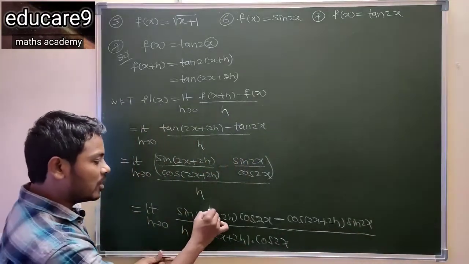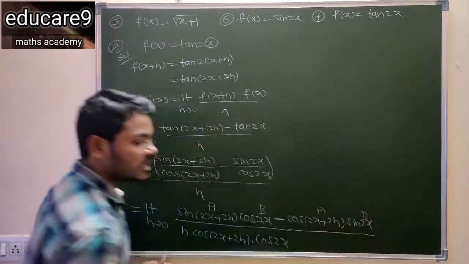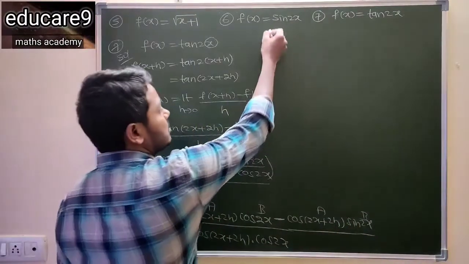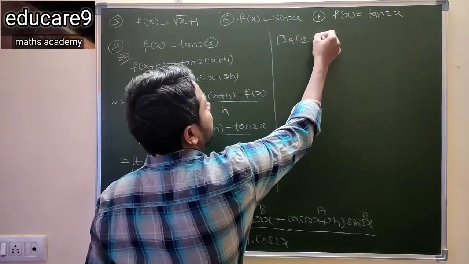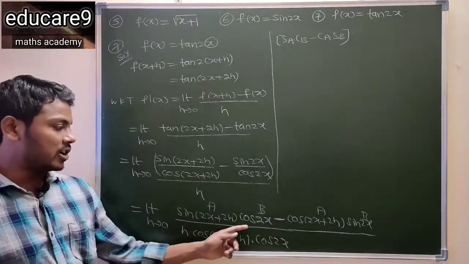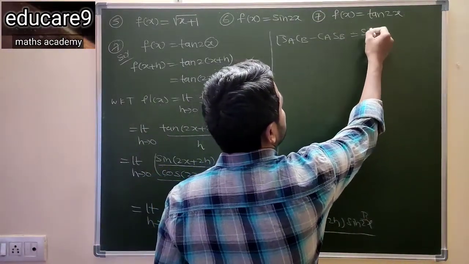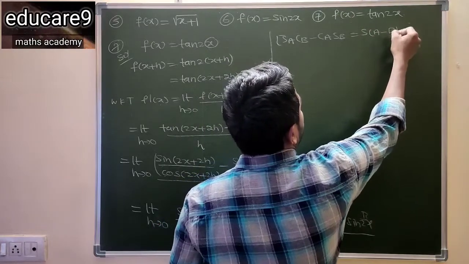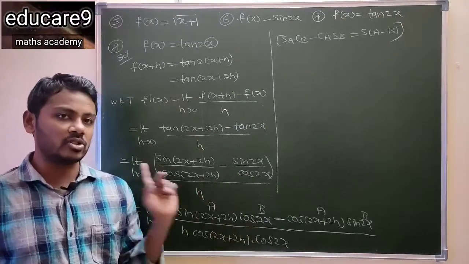So clearly it is in the form of sin A cos B minus cos A sin B. We know that sin A cos B minus cos A sin B, so this formula is sin of A minus B. So A is equal to 2x plus 2h and B is equal to 2x.